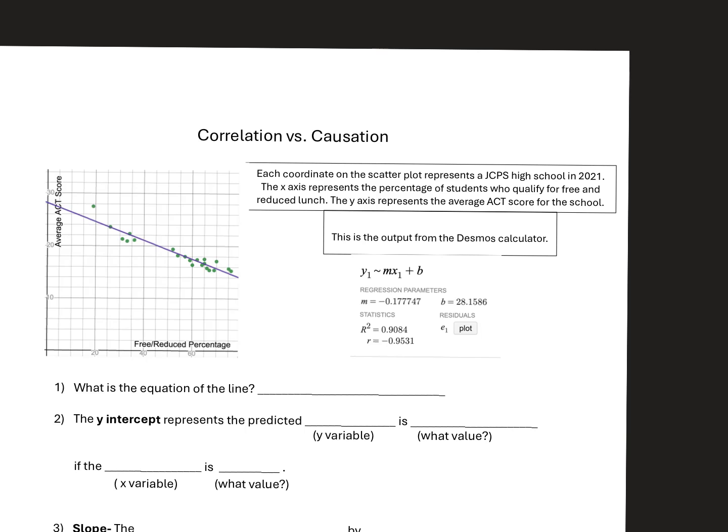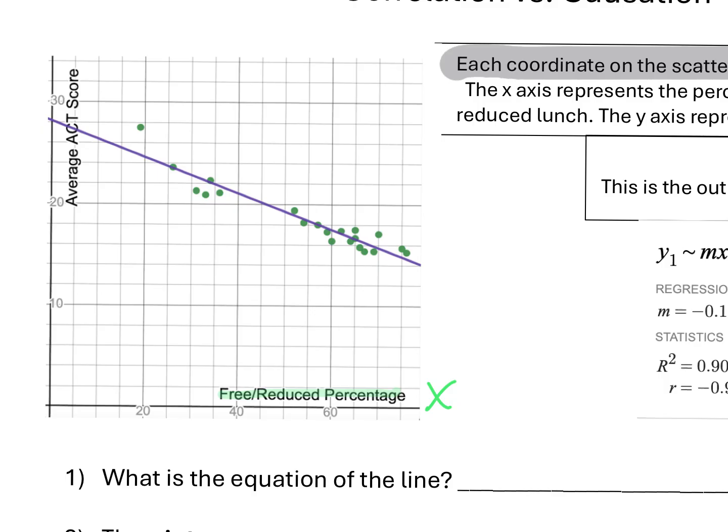Hi, mathematicians. In this scatter plot, each coordinate represents a JCPS high school, and this data is from 2021. The x-axis represents the percentage of students at that school who qualify for free and reduced lunch.